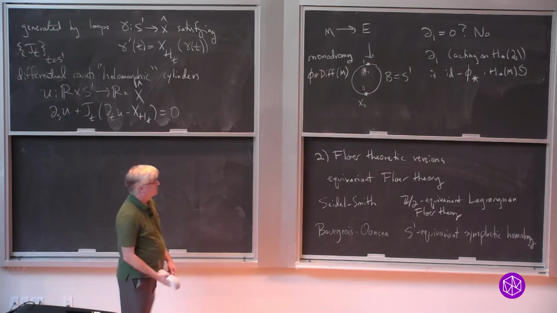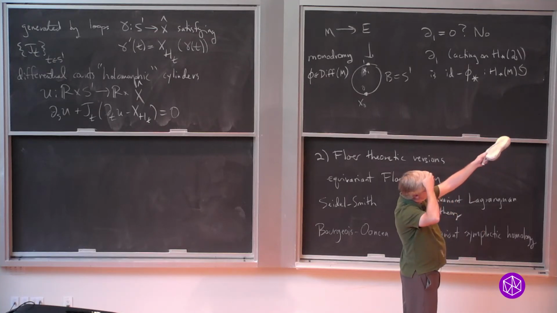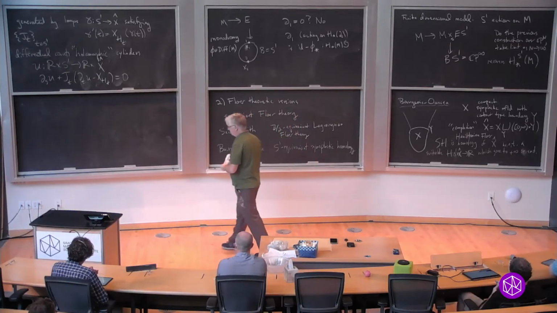So Bourgeois and Oancea sort of start with this picture, and they choose the data that depends on BS1 and ES1.